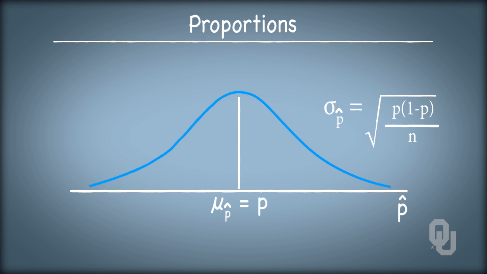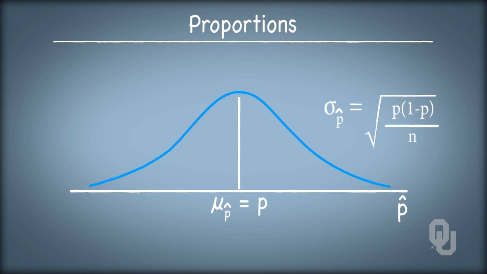The mean of the sampling distribution, mu sub P hat, is equal to population proportion P. And the standard deviation of the sampling distribution for P hat is denoted by sigma sub P hat. And we use the binomial distribution to help us with its calculation. You may remember that the standard deviation of the binomial distribution is the square root of P times 1 minus P divided by N. That's the standard deviation for the sampling distribution.